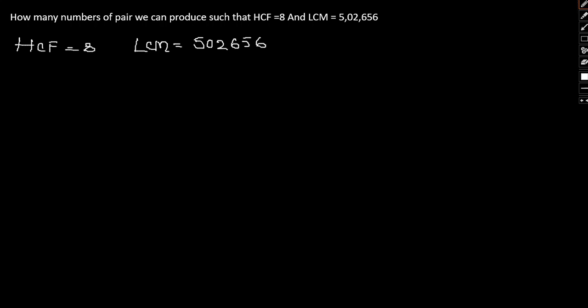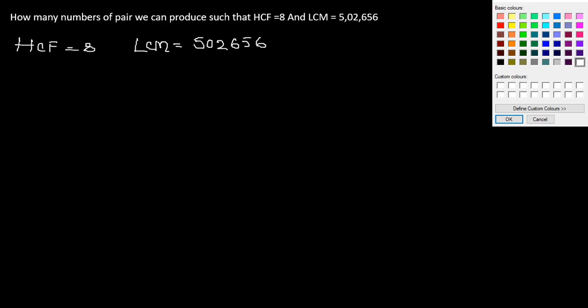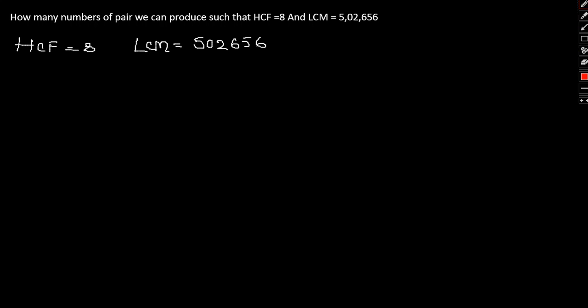Okay, so it's given that HCF is 8, LCM is 502656. Now let's try and understand one thing. Suppose I have a number AX, another number BX, so HCF can be written as X, and LCM can actually be written as ABX, where X is the common HCF in this regard, and A and B are the subsequent numbers.